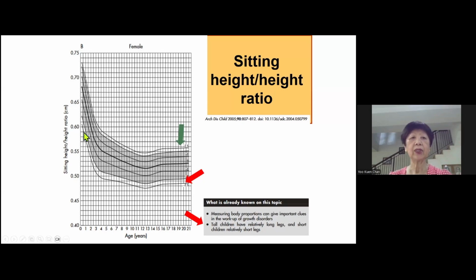That means when you are younger, your legs are shorter. But when you become older, your legs relative to the sitting height are actually longer. So between me and my sister, we have almost the same vertebral height, but she was taller than me because her legs were longer. So when you measure body proportions, tall children have relatively longer legs and short children relatively shorter legs.